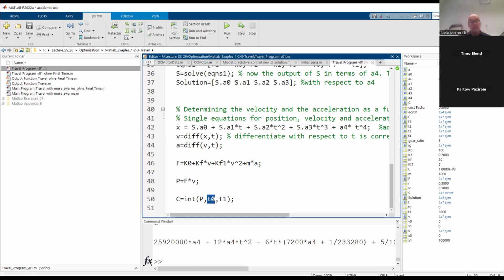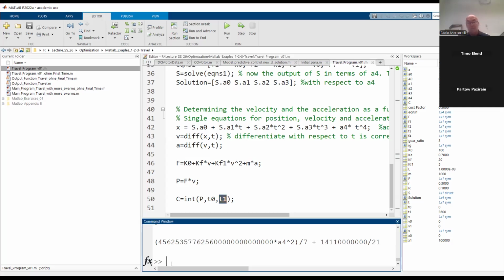Integral, INT, realized as a symbolic integral. If I put here C, I have the integral calculated between 0 and T1. T1 is 1 hour, 3,600 seconds. And then I have the expression, which the calculator helps us to realize these calculations.